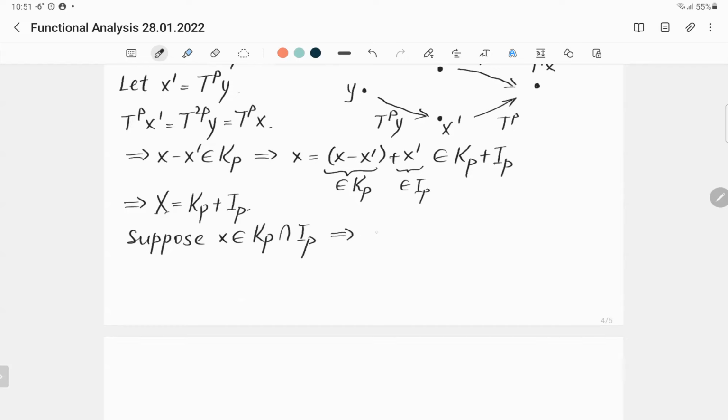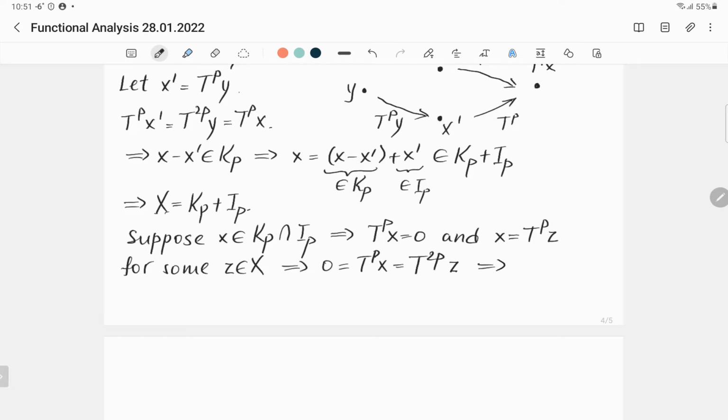So this implies that on the one hand, T to the power P of x is 0, because x is in Kp, and on the other hand, x can be written in the form T to the power P of z, for some little z in X. If we now apply T to the power P to x, well, this is 0. But on the other hand, this is T to the power 2P of z.